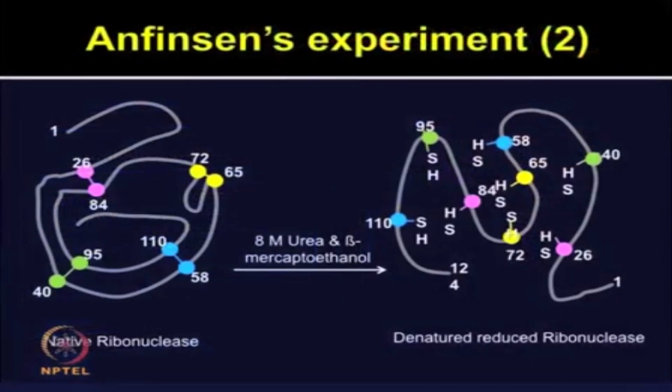As we have discussed, the ribonuclease protein contains 124 amino acid residues and forms 4 disulfide linkages. These linkages are formed between the cysteines, as shown here, of 26 and 84, 40 and 95, 58 and 110, and 65 and 72.